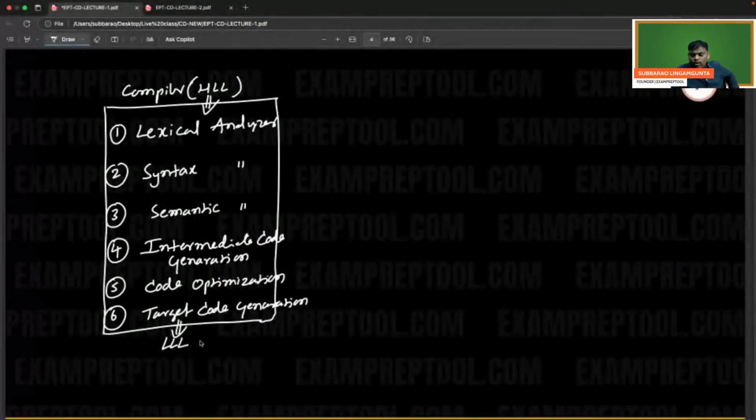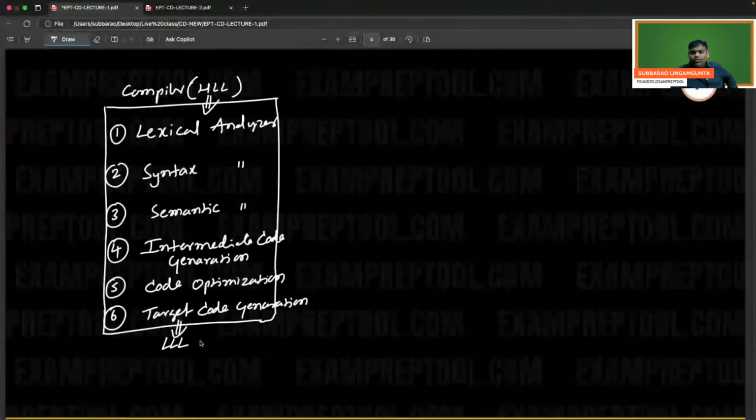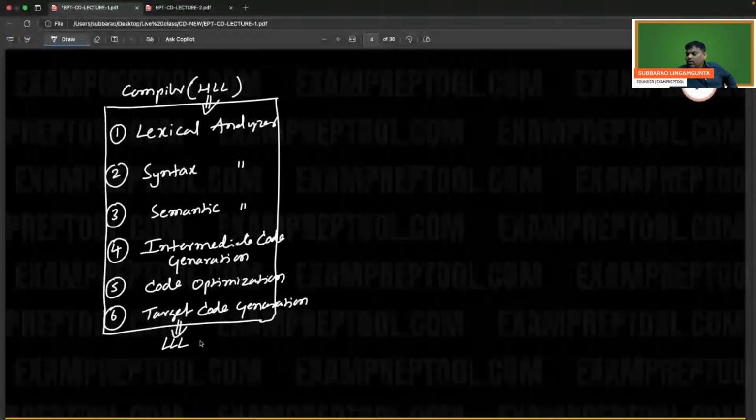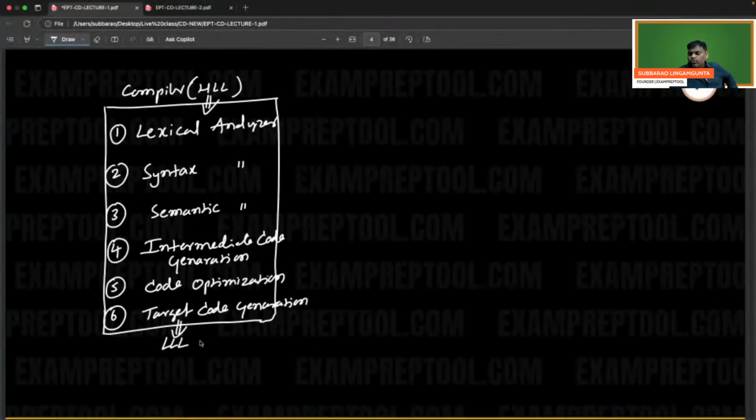So based on the work it is doing, they divided that 1 crore lines of code, where the code name is called compiler, into some functions: lexical analyzer, syntax analyzer, semantic analyzer, intermediate code generation, code optimization, target code generation.